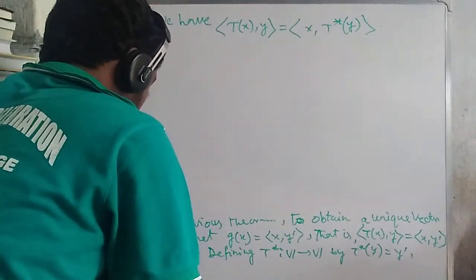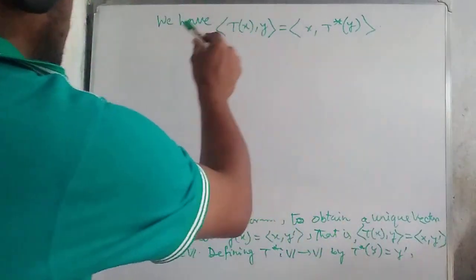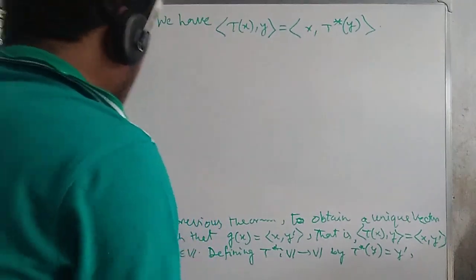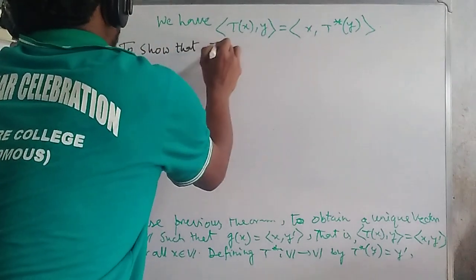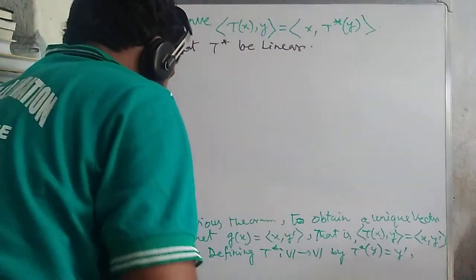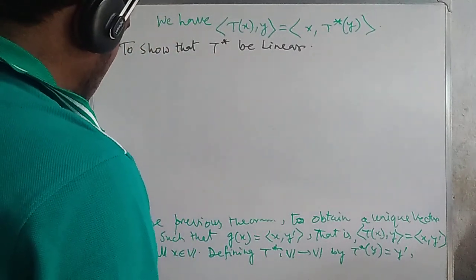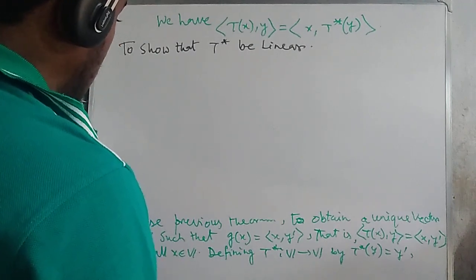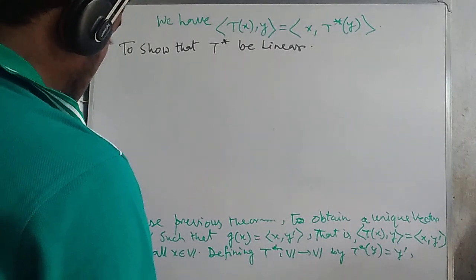Understood? Not a problem at all. That means ⟨T(x), y⟩ = ⟨x, y'⟩ = ⟨x, T*(y)⟩. Then again to show that T* is linear. We now show that T* is linear, that means T* is additive and obviously scalar multiplicative.